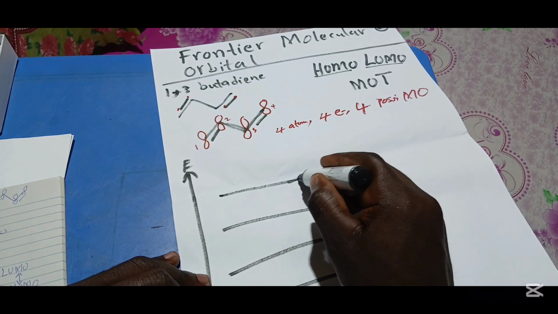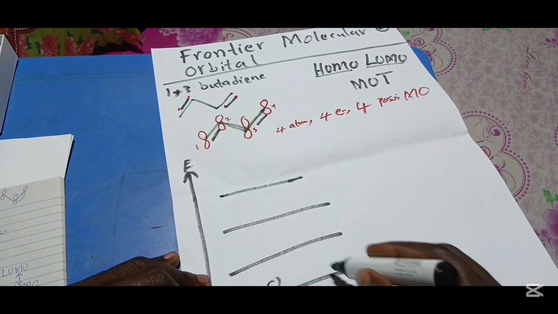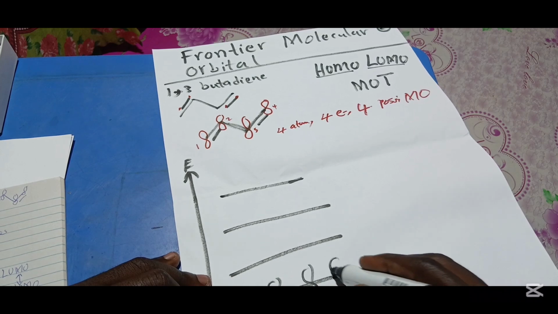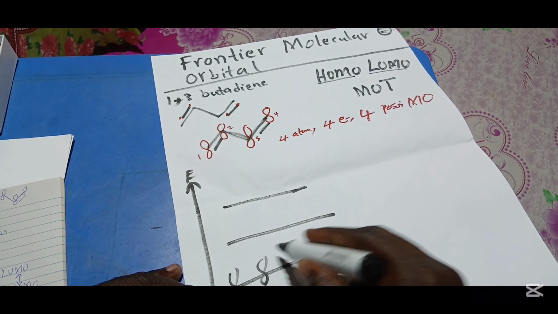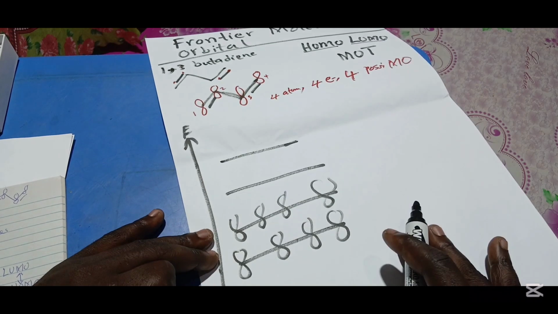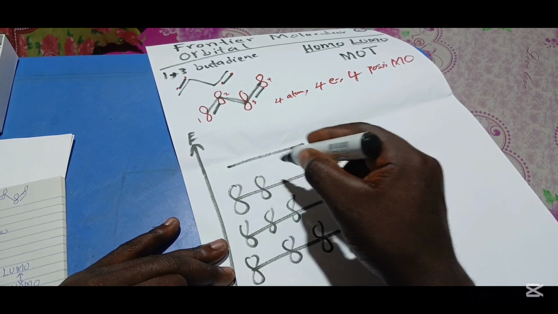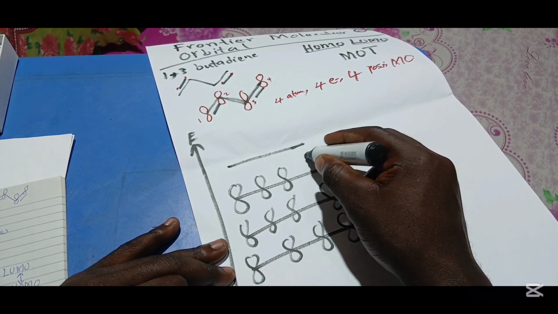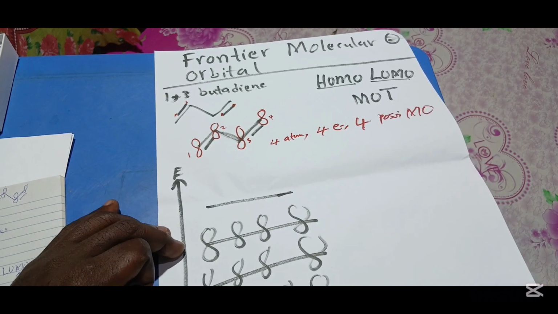So let's draw our carbons on this. 1, 2, 3, 4. Not drawn to scale; I know you can do better.